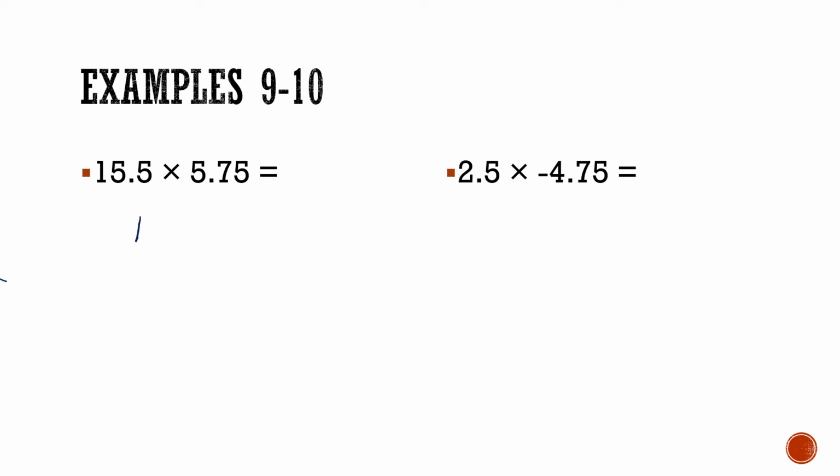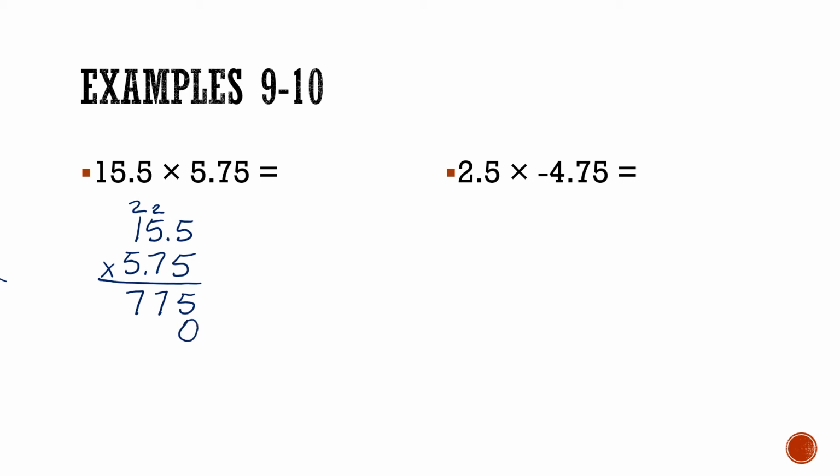So we have 15.5 multiplied by 5.75. 5 times 5 is 25, so 5 and carry your 2. 5 times 5 is 25, plus 2 makes 7, so 27. 5 times 1 is 5, plus 2 makes 7.